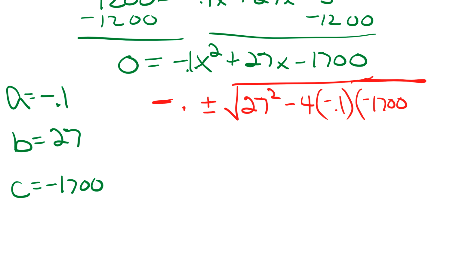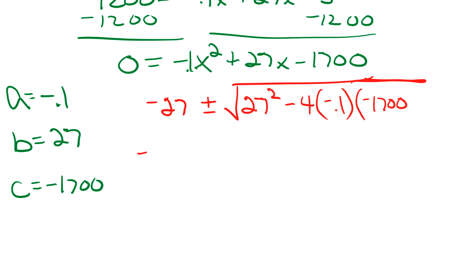So I can do this and bring that back and write this up as -27. Okay, I know it's over my denominator of 2 times -0.1, when I get to that. I know it's going to be 0.2 in my denominator, but let's figure this out.